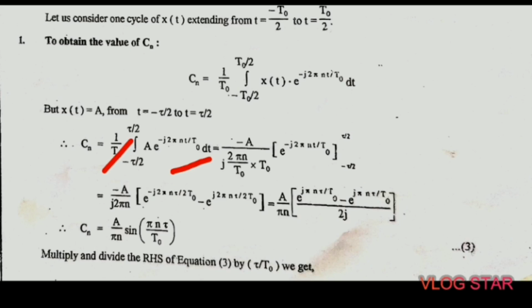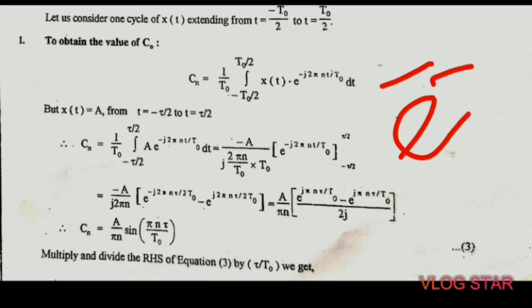So here we have to just integrate the value of e raised to minus j theta. As we know that the integration of e raised to minus ax is e raised to minus ax divided by minus of a.